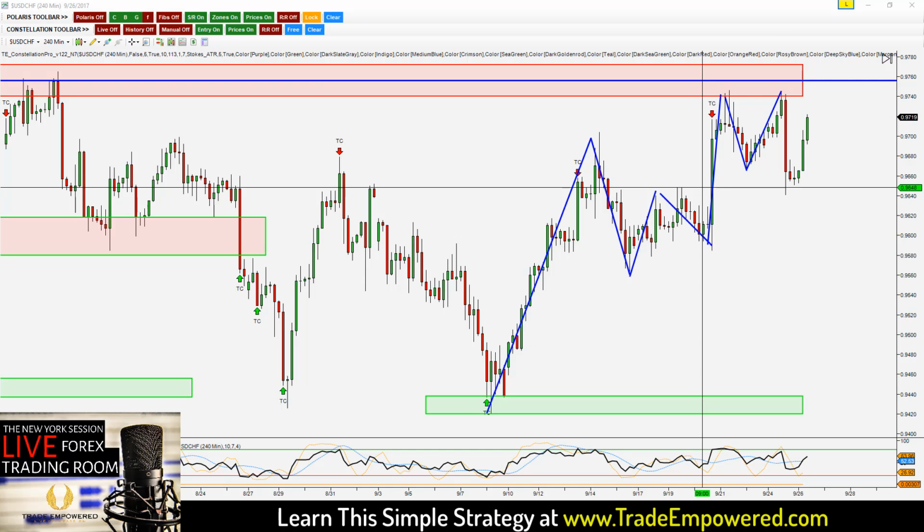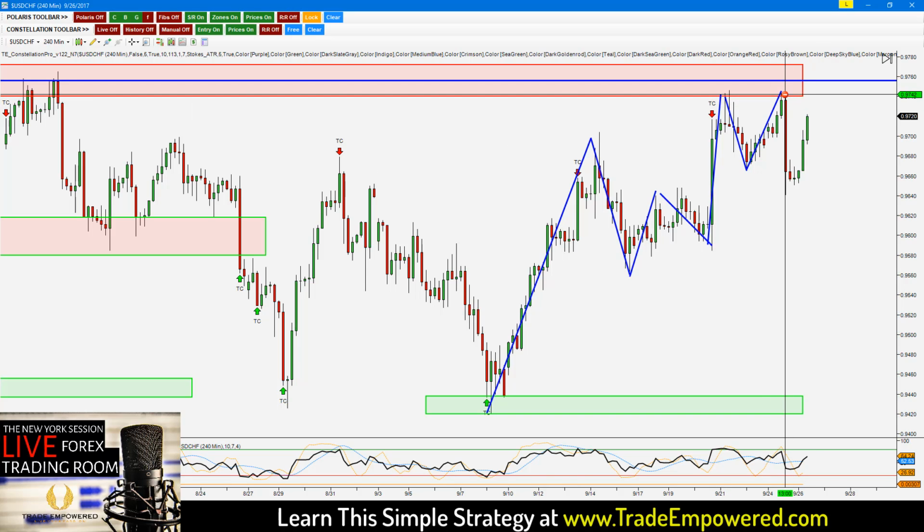A double top. So we've got an initial test, boom. We've got a retest and a hold, meaning our first test held. We have a double top. We then put in a move downward.